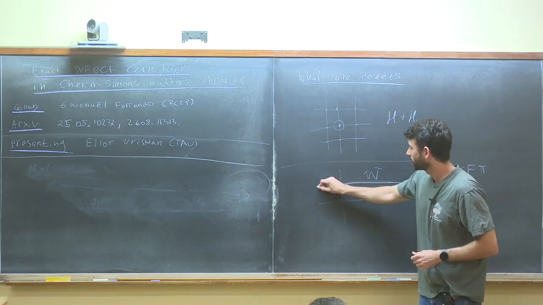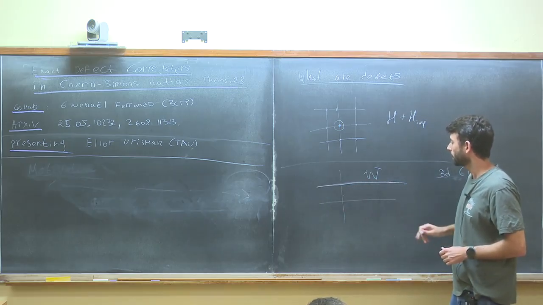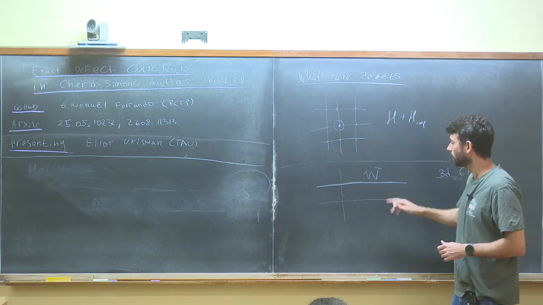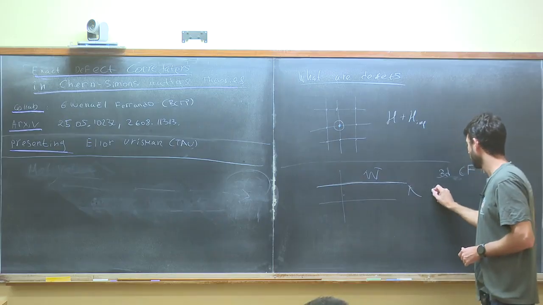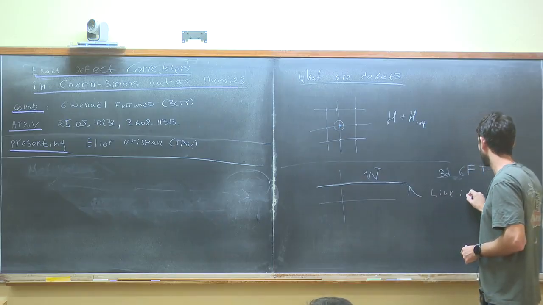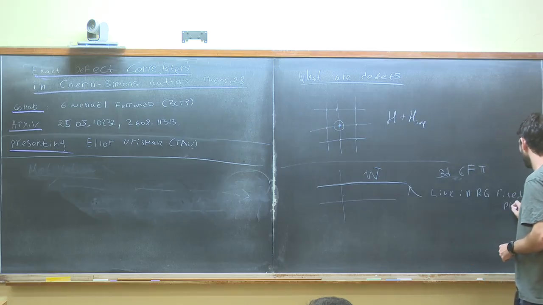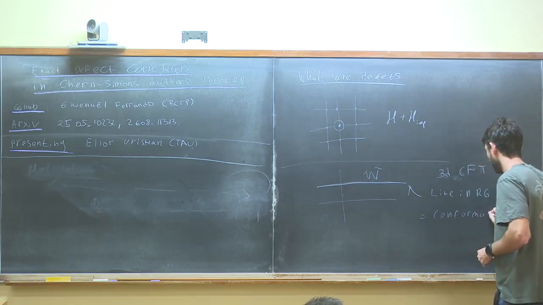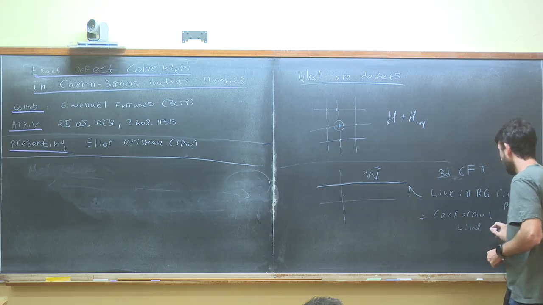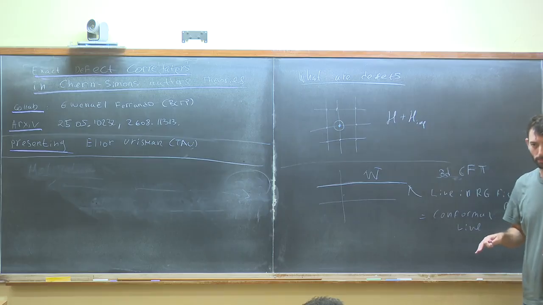Lines that are at RG fixed points are called conformal lines. You can put them in any arbitrary shape you want, and they still preserve their conformality.